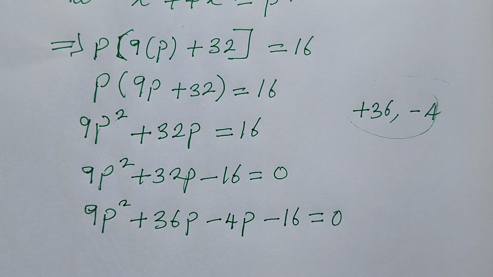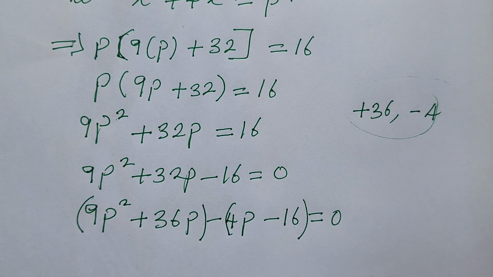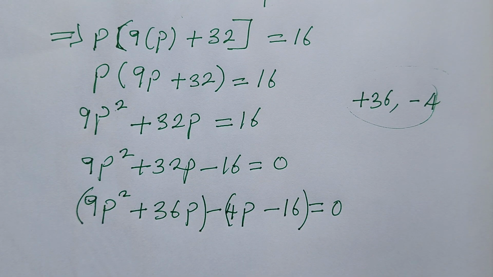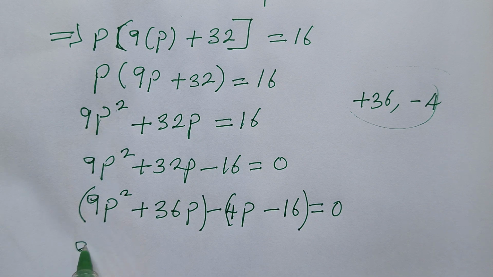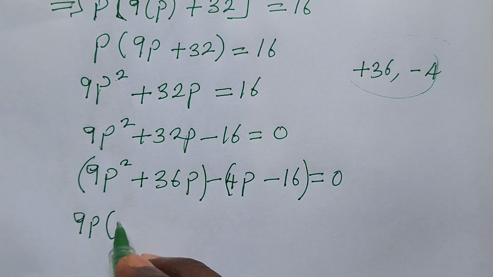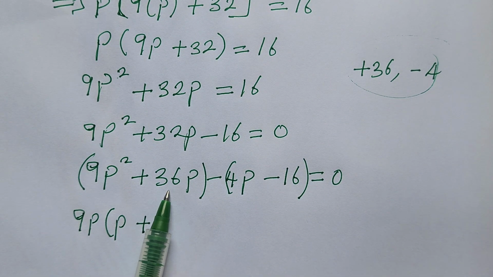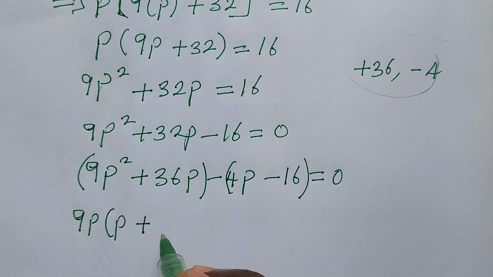Good. Are we learning something from here? Yes. So we can group this now and group this. There are things that are common. So here we have 9p common to this, right? So if we take this 9p out, it's going to give us a p there plus, we use 9p to divide this, it will give us 4.